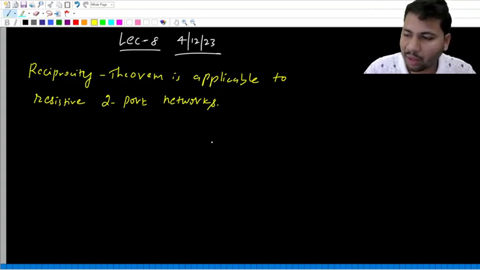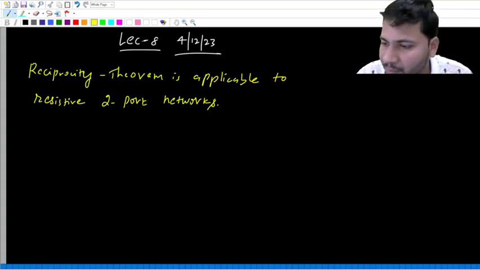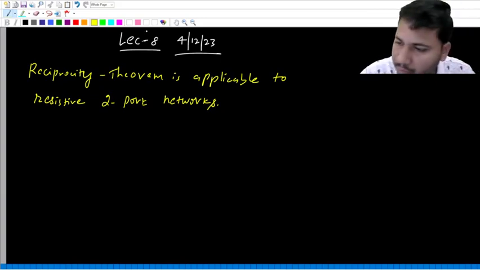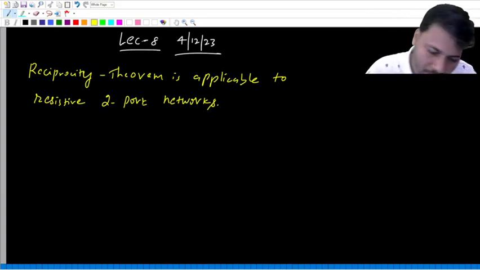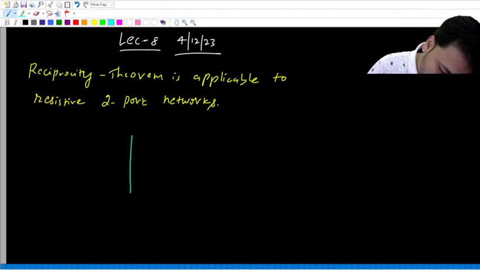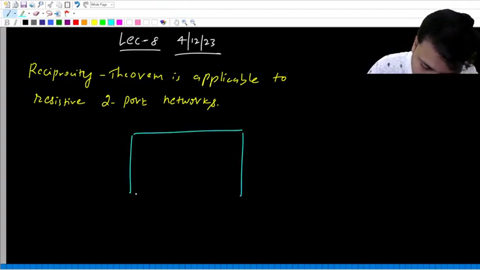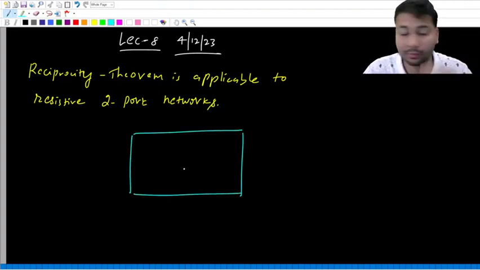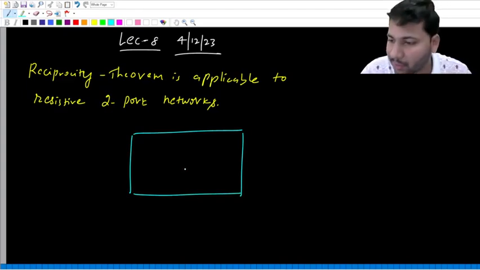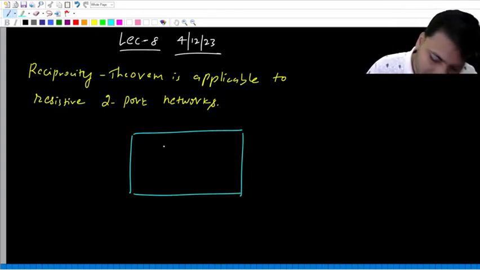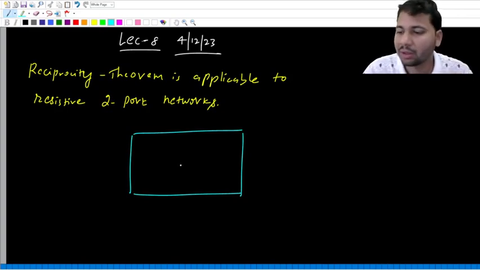So when it comes to the reciprocity theorem, we will have a network which is purely resistive. That means inside this box, the only elements that we have are resistors.